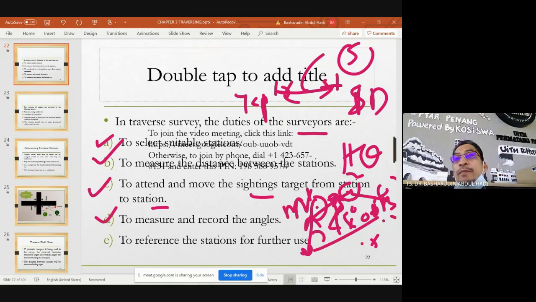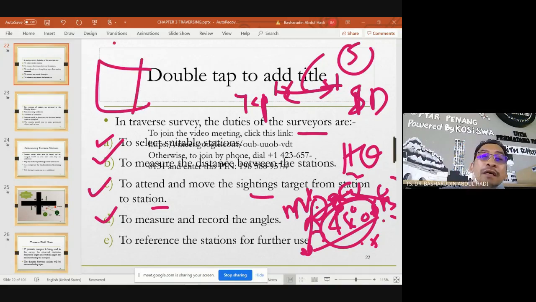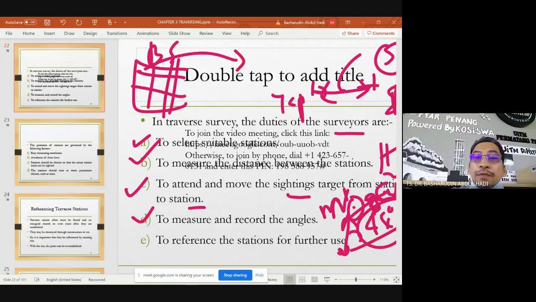It doesn't have the capability to read seconds in the angle measurement. Then when you get this angle, you must record it. You must write it in the booking system. So you write here, for example, 45 degrees 20 minutes. Okay? All right?